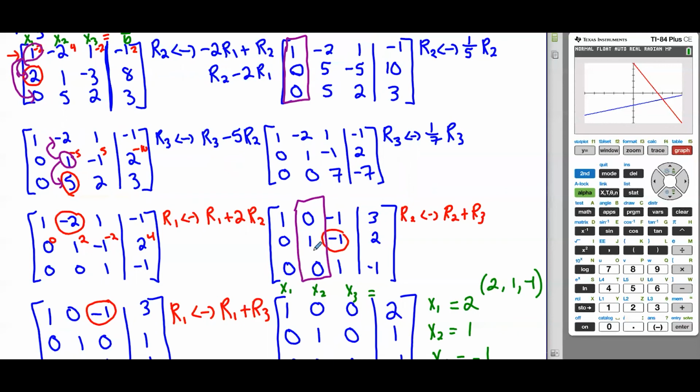And then again, you want to move down and to the right, and you want to make this entry a 1. And it was a 7 before, and I just went ahead and made it a 1 because that's kind of what we did before. But you know, the algorithm is to wait until these entries are 0. But I went ahead and did it. So when that's a 1, then you make these entries 0.